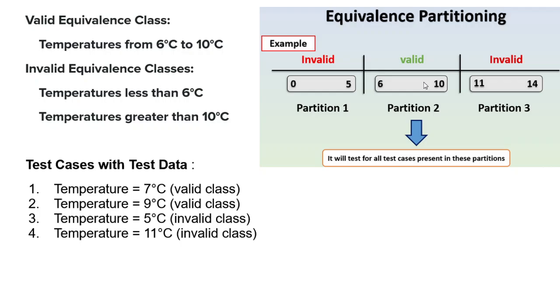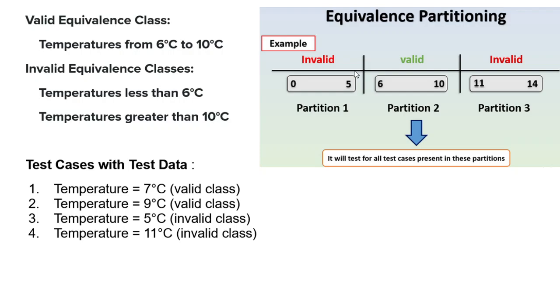And one more class we can create for values after 10. So the values greater than 10 degrees, that means 11, 12, 13, 14, and so on, will come under the third partition, that is an invalid class, right? So how many classes have we created here? Three types of classes we have created, and each class will contain multiple values.